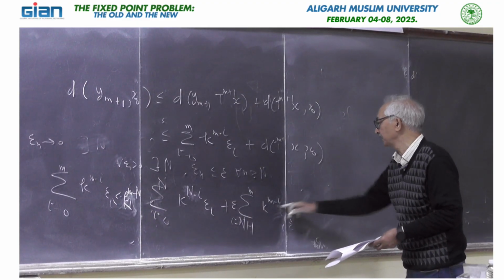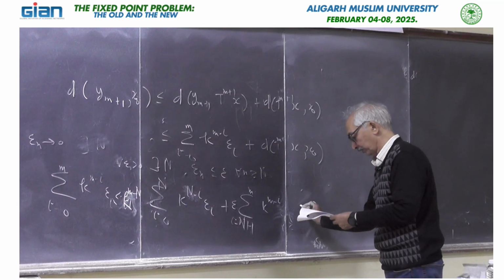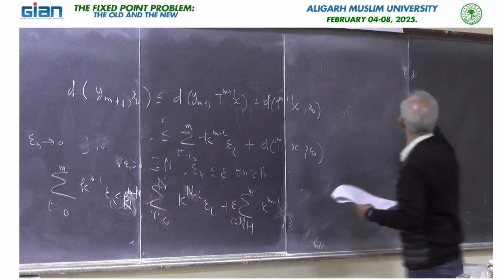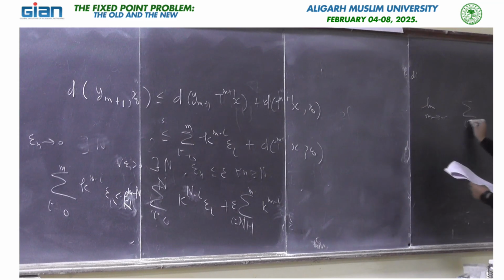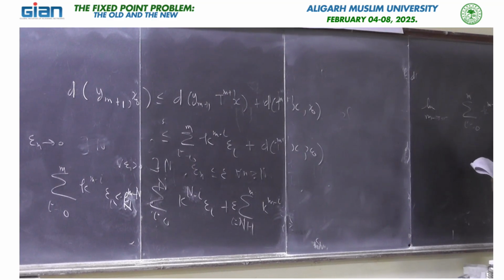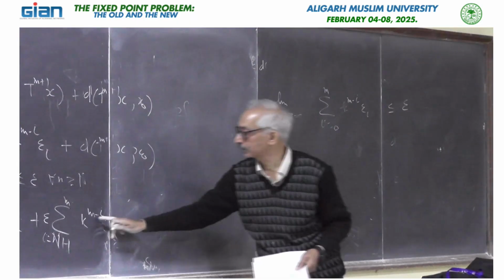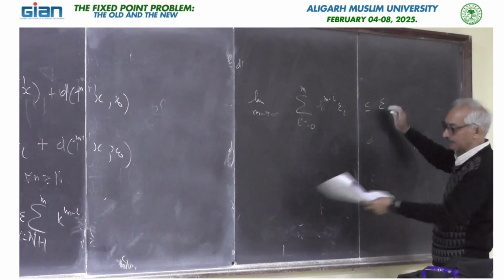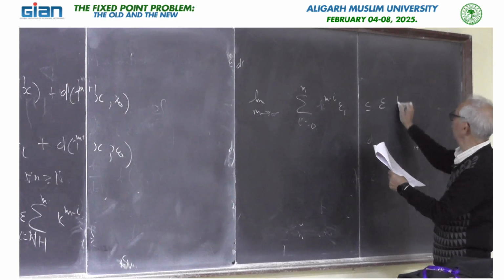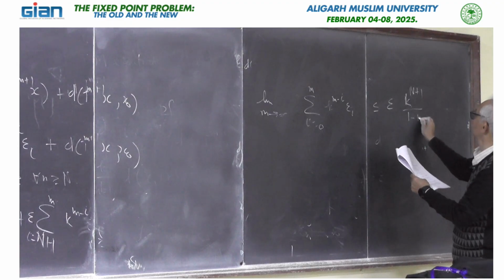So as m tends to infinity, this will be bounded by, what you will get is, limit m tends to infinity of summation i equal to 0 to m of k^(m-i) epsilon_i is less than or equal to epsilon, and that larger one you will take out, the first term from all, and so you will have that sum is actually simply k^(n+1) over 1 minus k.